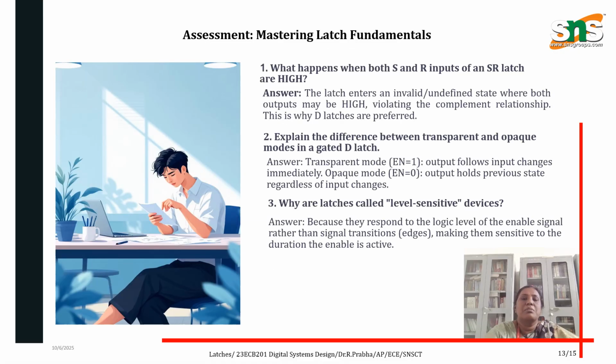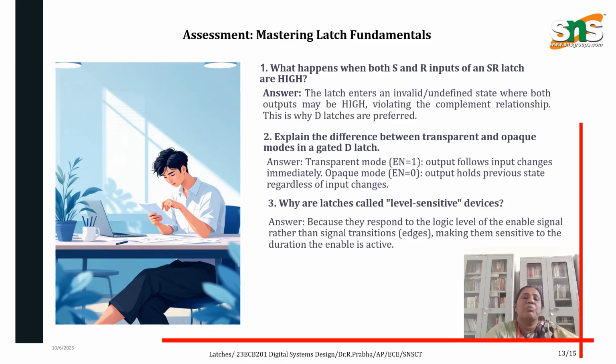So now assessment. What happens when both SR inputs of SR latch are high? When it is high, it is an invalid state, so that we can go for D latch. And next is the difference between transparent and opaque modes in gated D latch. In transparent mode, if enable is equal to 1, output follows the input change immediately.